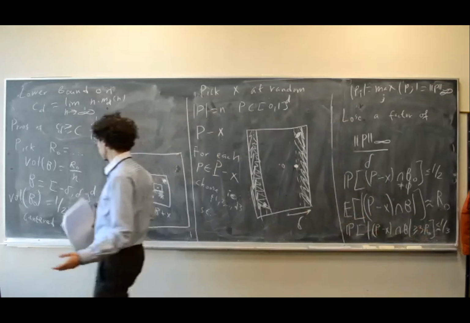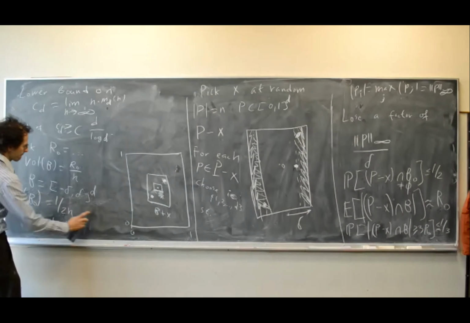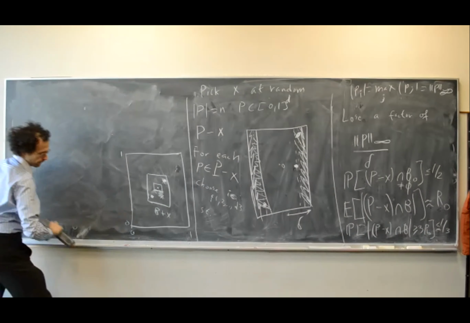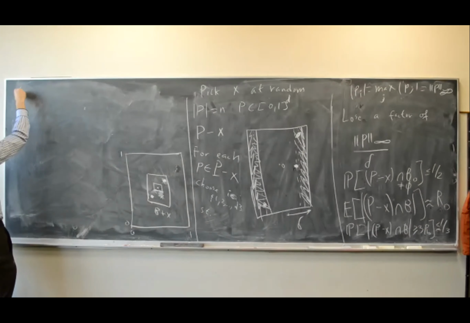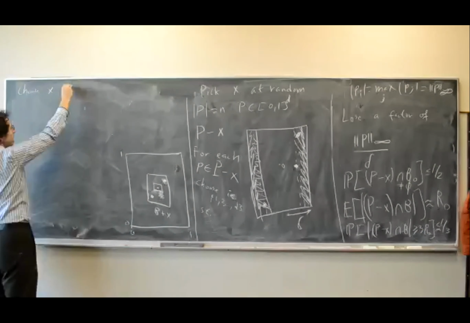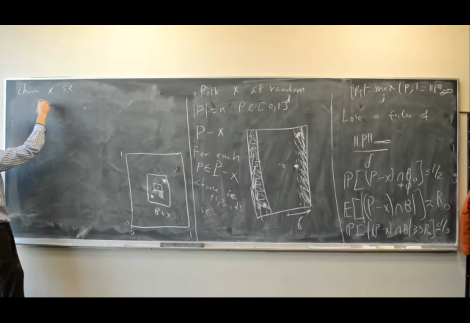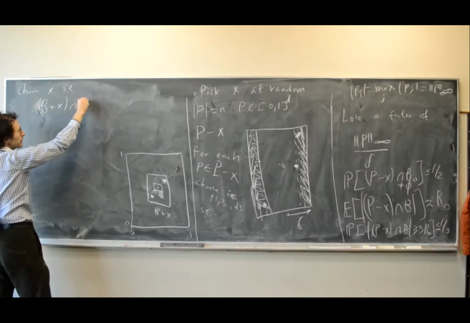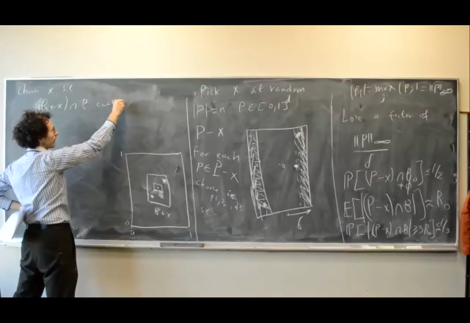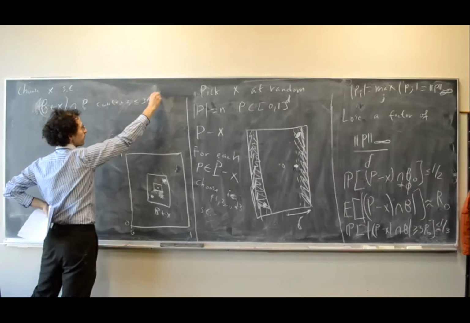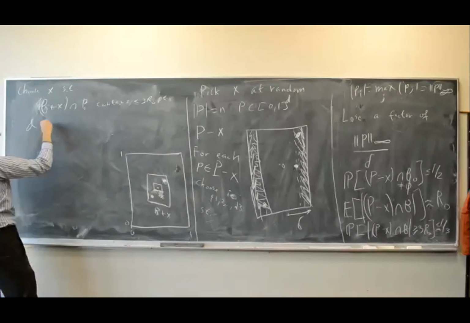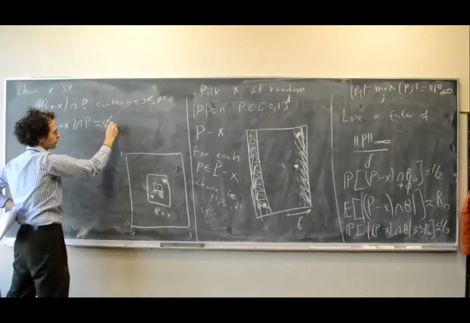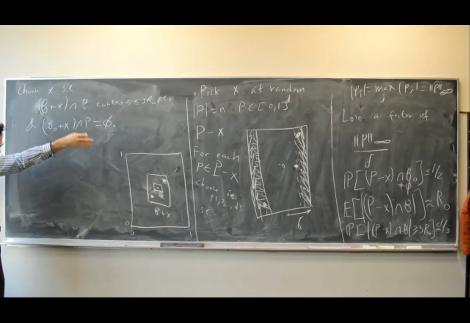So let's do that. I'm going to choose X such that the box B plus X contains fewer than 3R0 points, and B naught plus X is empty. And I can do it.